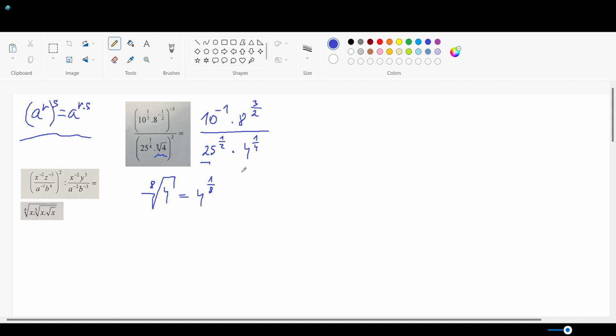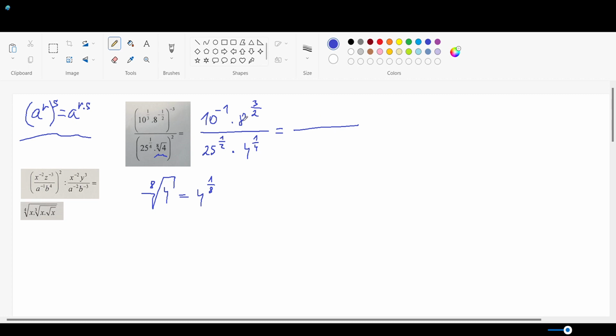Now, as you can see, all these bases are not prime numbers, and I'm not sure what to do and how to simplify it. So I'm going to do it this way. As we already know, this can be transformed or put into the denominator, so I will do it.